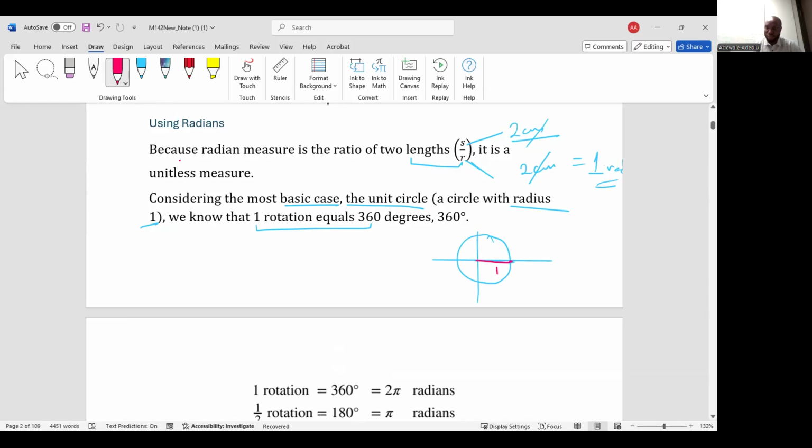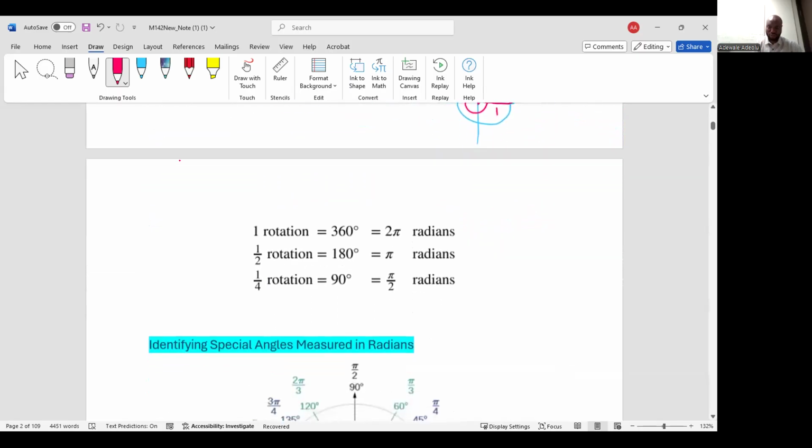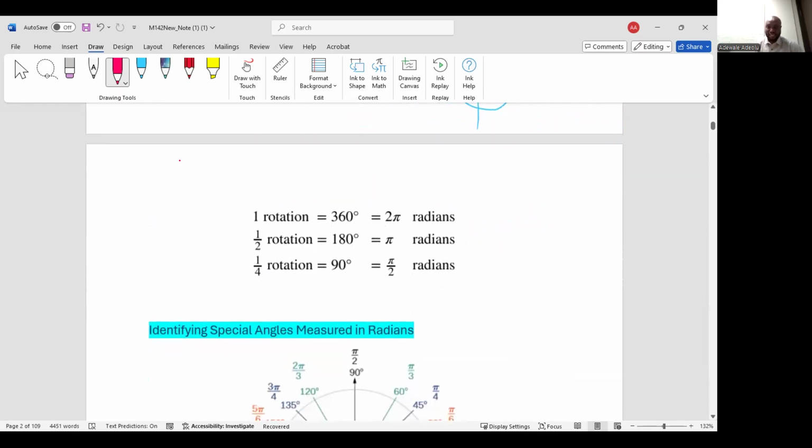So if we start here and go this way, which makes it 360 degrees, let's keep in mind the radius is 1. So in that case, one full rotation is 360 degrees. We do know that one full rotation in degrees is 360.